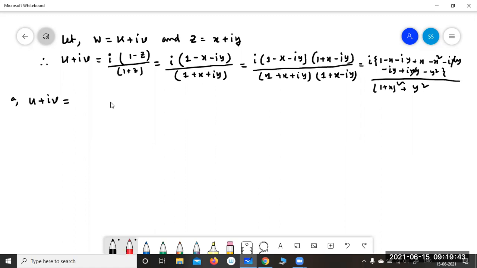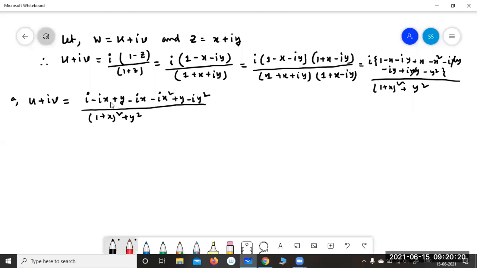After multiplying by I, it will be coming I minus IX minus I minus minus minus I square, that means plus Y, minus IX minus IX square, minus minus plus Y minus IY square, all by (1 plus X) whole square plus Y square.